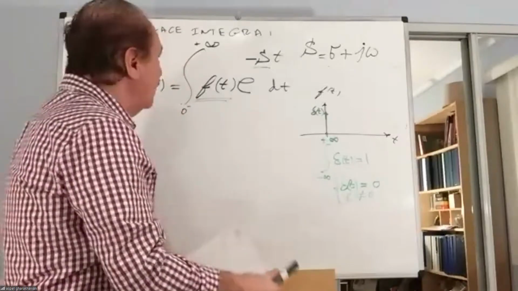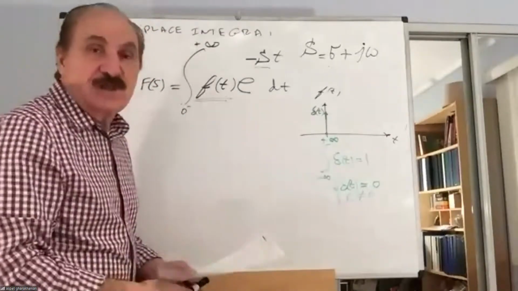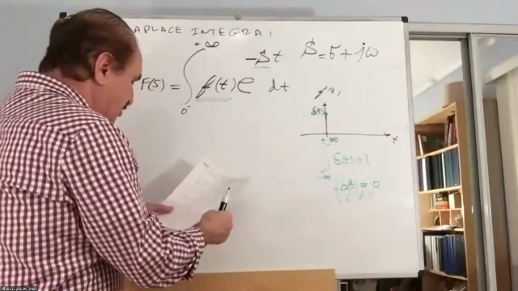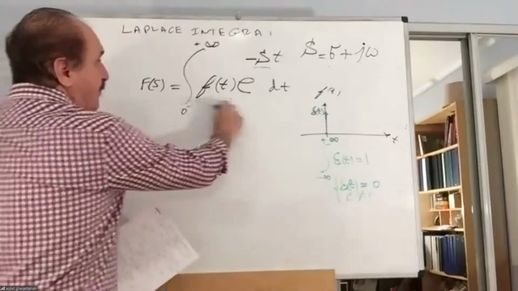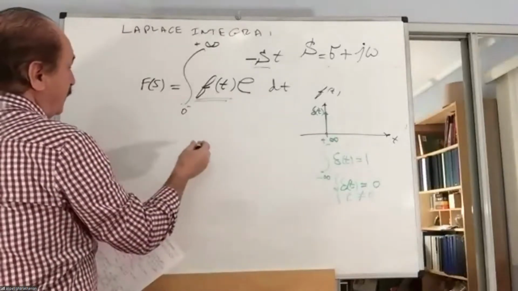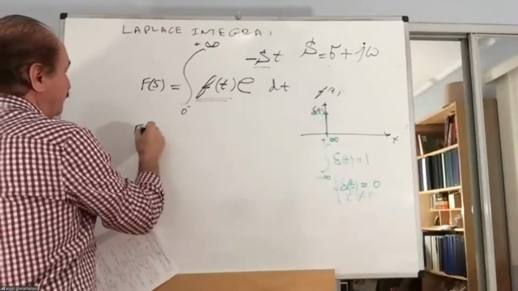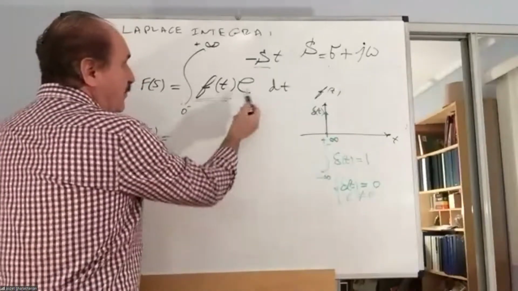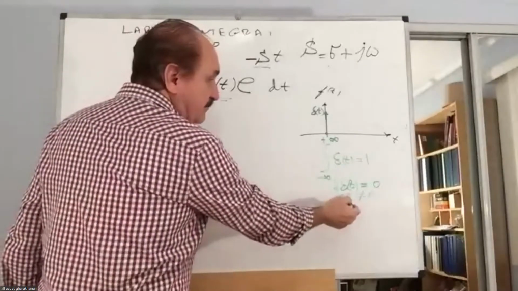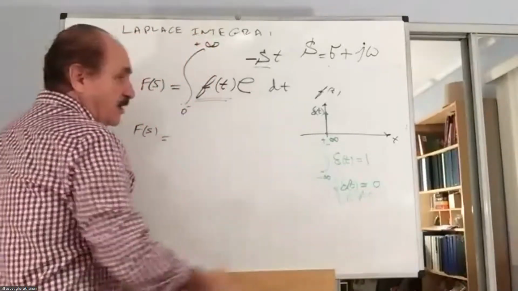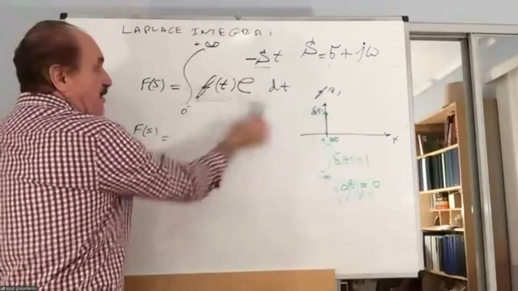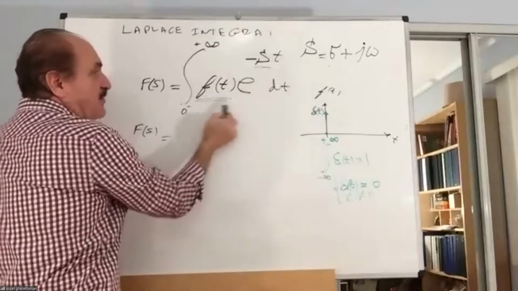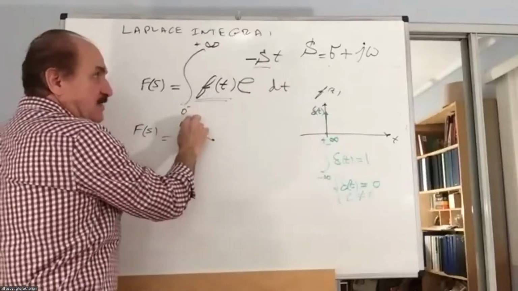Okay, let us take a look at the Laplace transform of the delta. Let's see what will come up. So we will stick to this concept, f of t, and the following will emerge. F of s will be equal to, because delta t at t other than 0, the function is 0, so everywhere we will have a 0 multiplying e to the power minus st, except the exact 0.